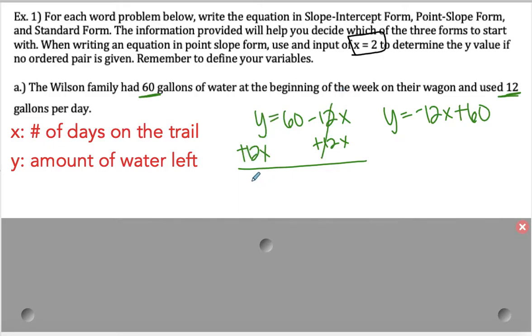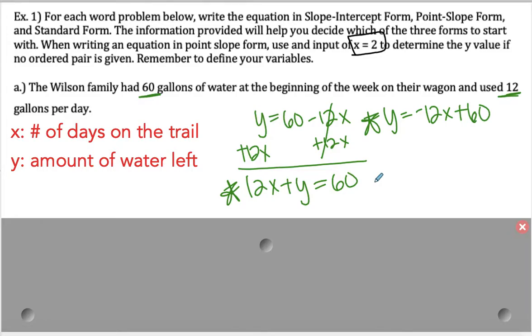And then we have 12x plus y equals 60. Now you can see this is ax plus by equals c. The value of b here would be a 1. So here is slope-intercept format, and now we have standard form.